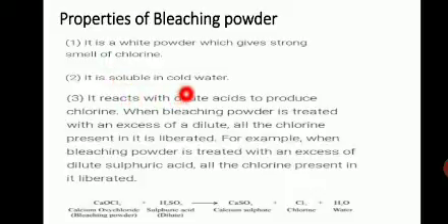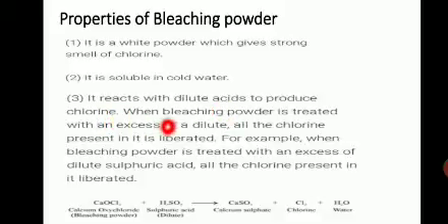A small insoluble portion always is left behind, the lime present in it. Then the third property: it reacts with dilute acids to produce chlorine.